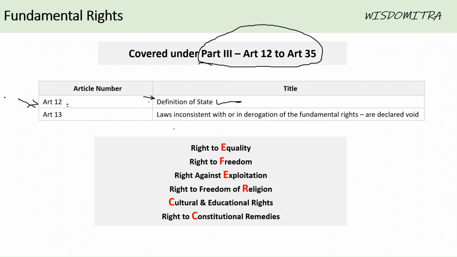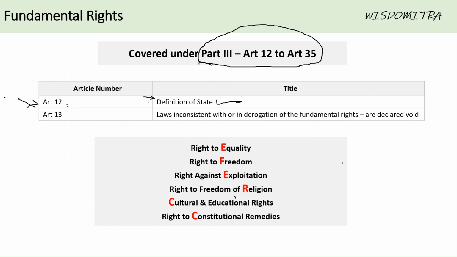The Constitution has granted us 6 freedoms: right to equality, right to freedom, right against exploitation, right to freedom of religion, cultural and educational rights, and right to constitutional remedies. You can remember this by the first letters of these important freedoms: equality, freedom, and against exploitation, EFE, and religion, culture, and constitutional remedies, RCC.